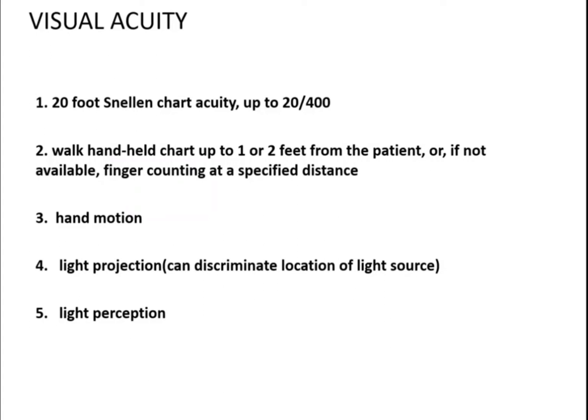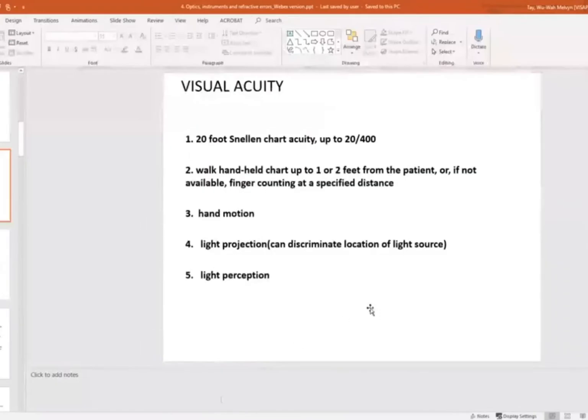Sometimes, if you see that the surgeon has indicated CF on the patient chart, that means counting fingers, or HM, LP, that can mean hand motion or light projection. So those are just some other ways of indicating visual acuity besides the Snellen acuity.